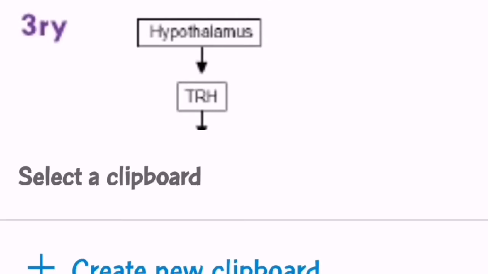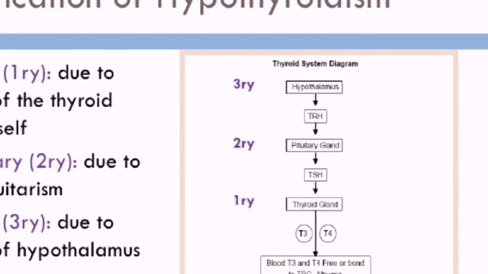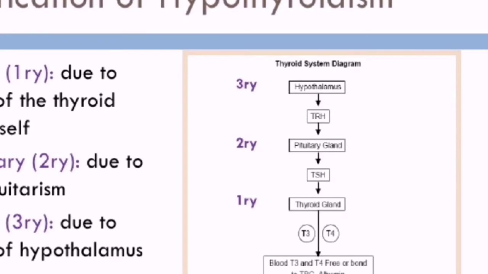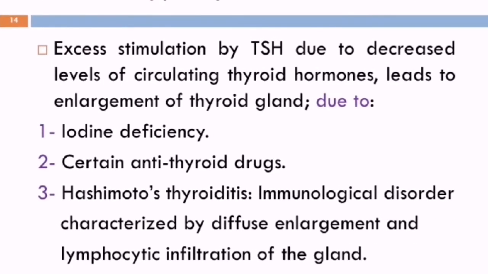Here are some classifications, or we can say some stages, of hypothyroidism. And goitrous hypothyroidism: what is goitrous hypothyroidism? Excessive stimulation by TSH, due to decreased levels of circulating thyroid hormone, leads to enlargement of the thyroid gland, with iron deficiency, certain anti-thyroid drugs, and Hashimoto's thyroiditis.